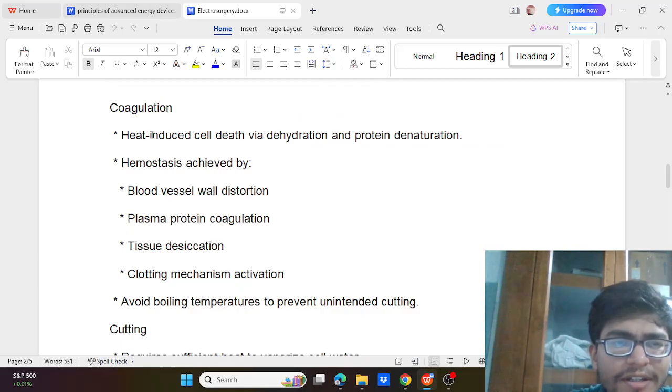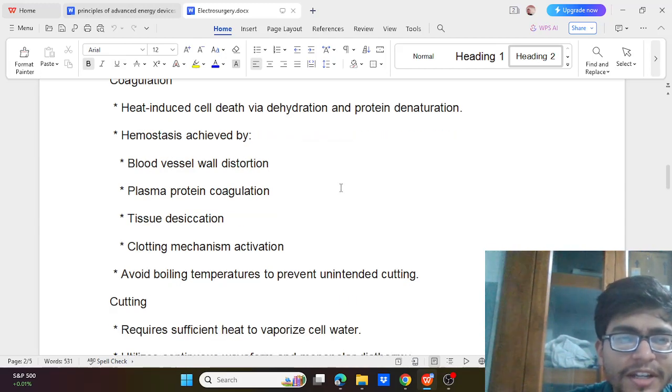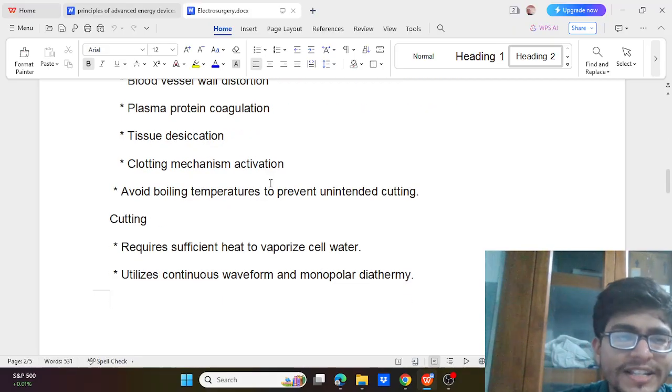So coagulation is heat-induced cell death via dehydration and protein denaturation, which is achieved by blood vessel distortion, plasma protein coagulation, tissue desiccation, and clotting mechanism activation. Here we avoid boiling temperature to prevent cutting.